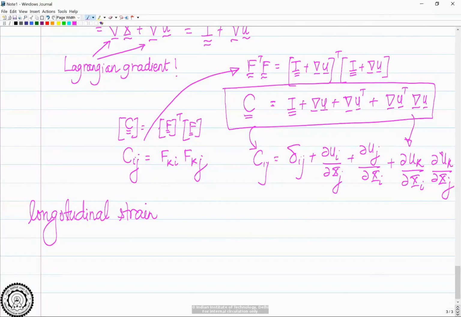Okay. So anyway, longitudinal strain, if I denote it by epsilon, is again a function of the point in the body where we are measuring it and also the direction of the line element M. It is simply equal to lambda minus 1, and lambda we just saw is equal to the square root of C M dot with M, isn't it?